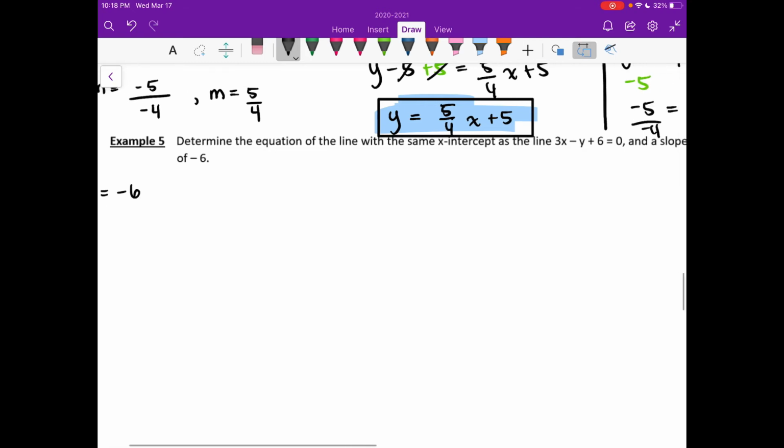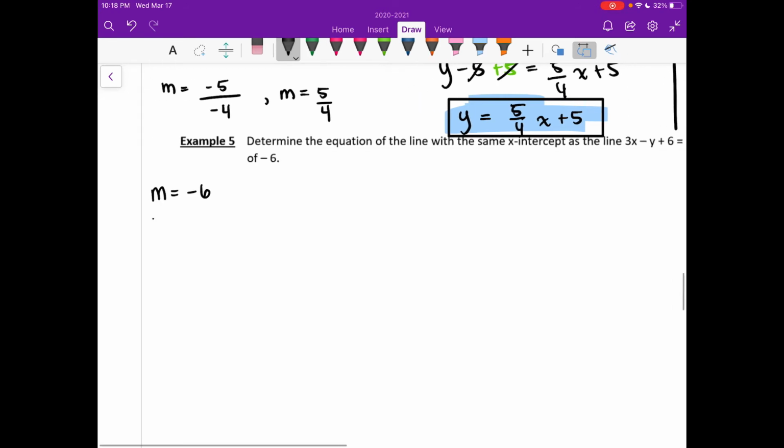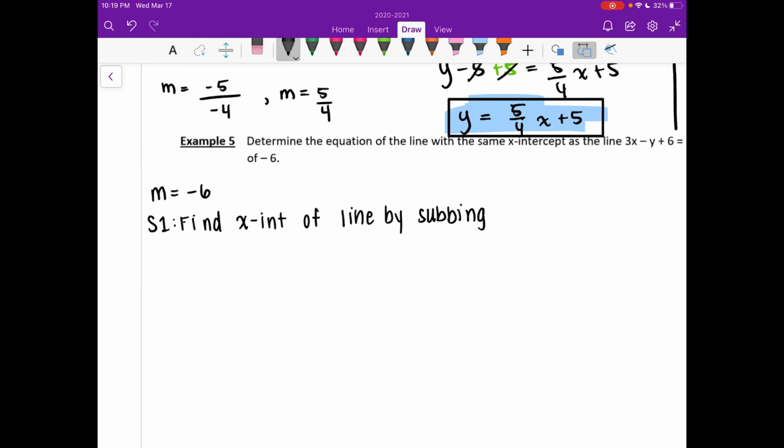So step 1 is going to be find the x-intercept of the line by subbing 0 for y, because we know at the x-intercept 0 is the y value.